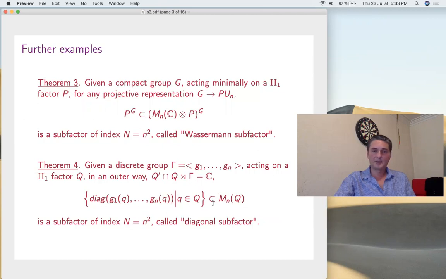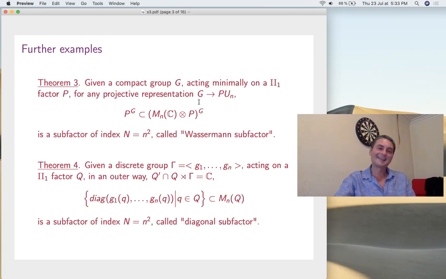And finally, there is something which is a bit dual to the Wassermann subfactor. Instead of taking a compact group, we take a discrete group. And instead of a minimal action, we assume that it has an outer action. Outer meaning that the commutant inside the cross product is C. It's really dual somehow to the previous one. We'll see later.